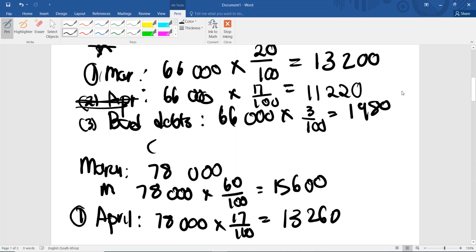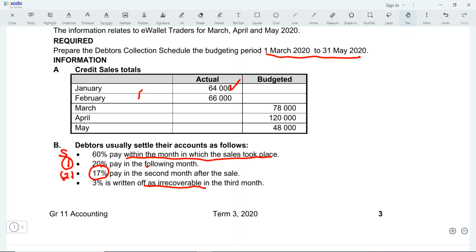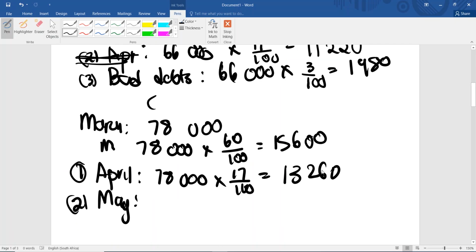Okay, so let's check the collection for May, which is our second month. For May, remember they said we are only going to, oh sorry, it's 20 here. This one will be here. It will be 78,000 multiplied by 17 over 100, and then we'd have that 13,260 here.